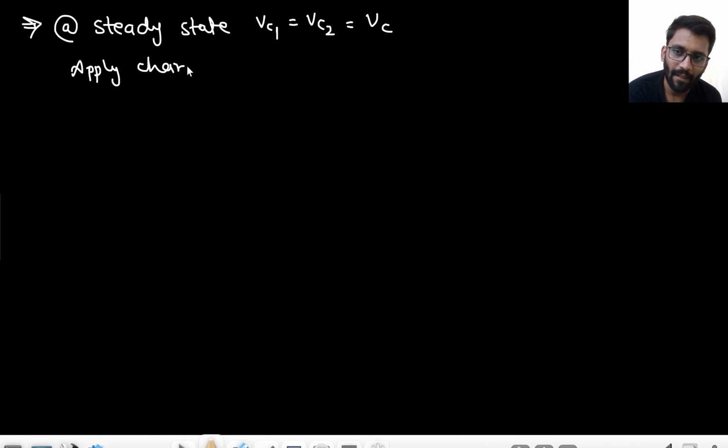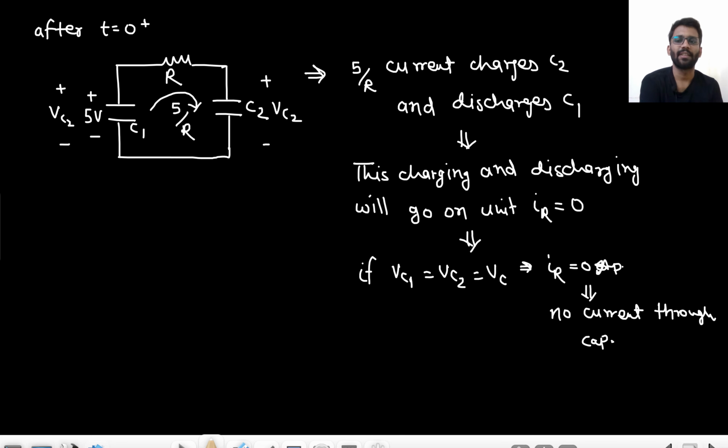At steady state, Vc1 equals Vc2 equals some potential Vc. Now what can we do? Apply charge conservation.